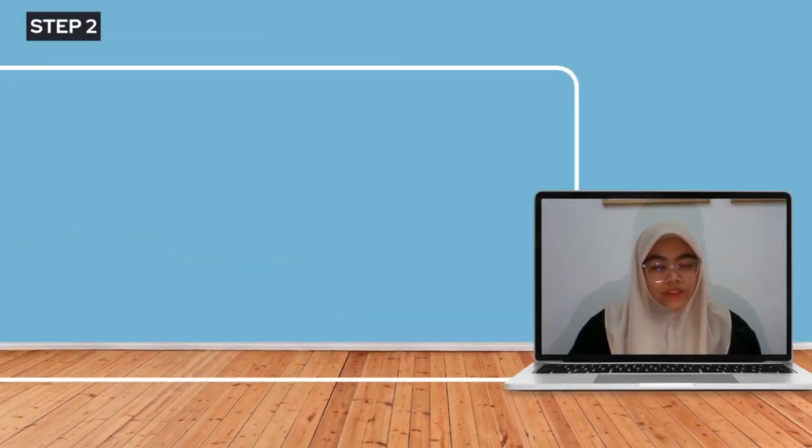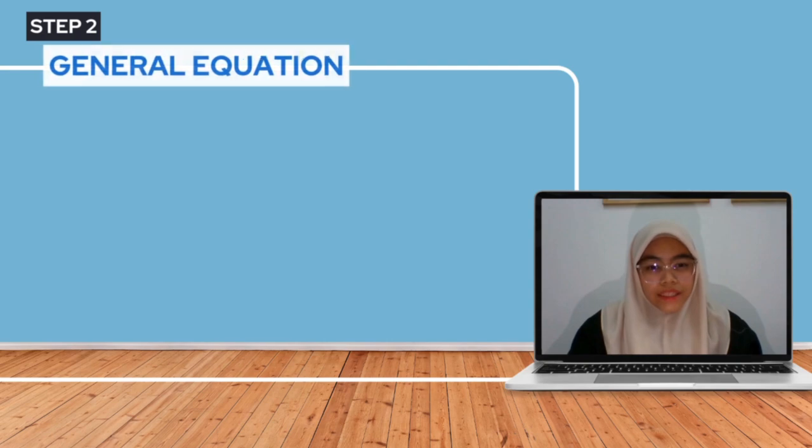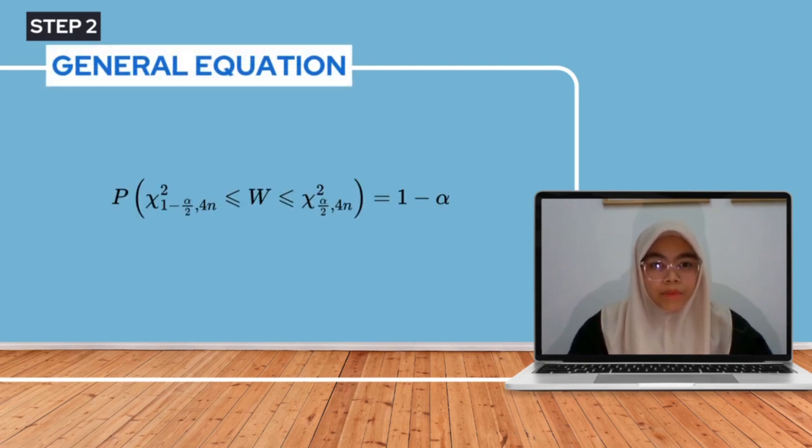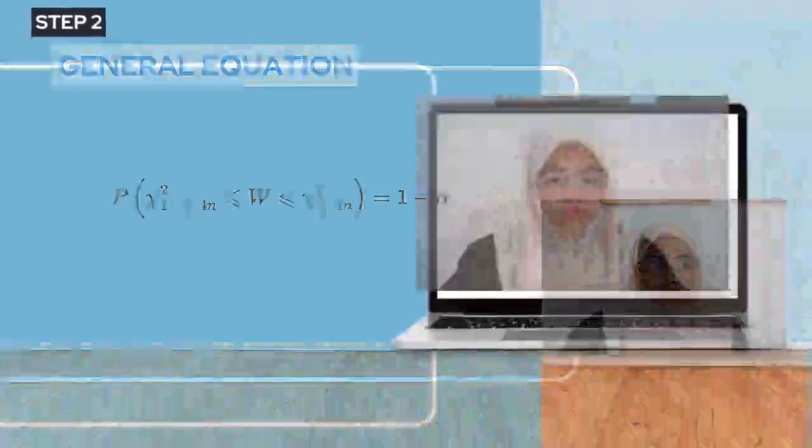Then for step 2, write the general equation, which is P(chi-square with degree of freedom 1 minus alpha over 2, 4n less than W less than chi-square with degree of freedom alpha over 2, 4n) equals 1 minus alpha.